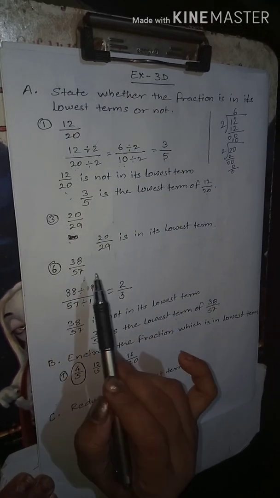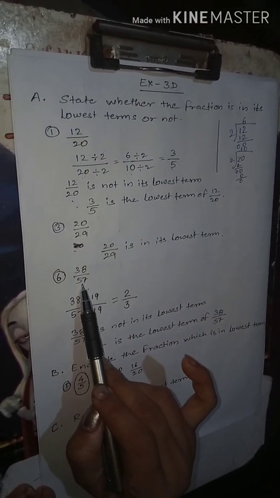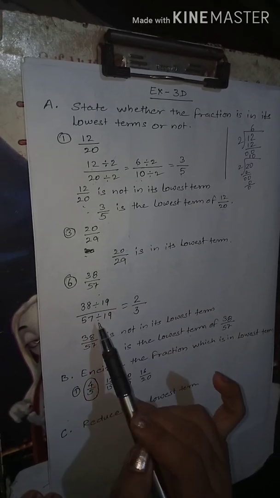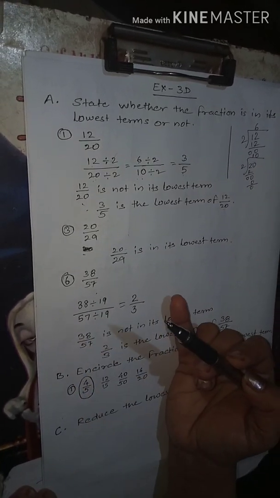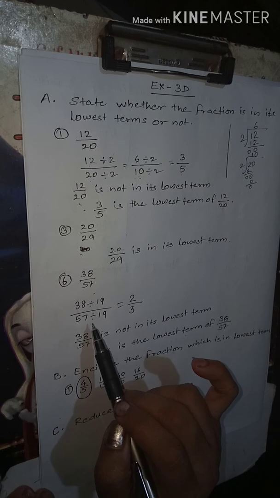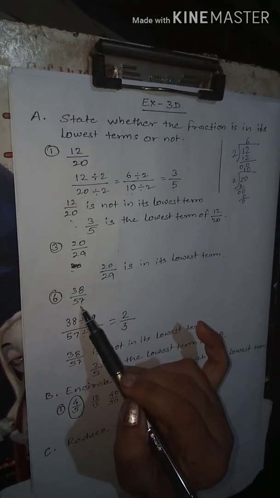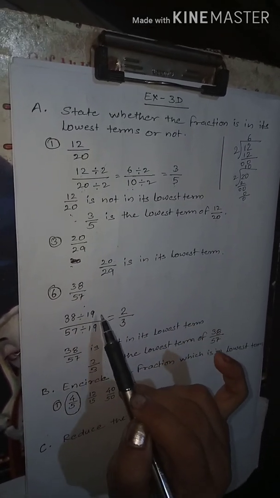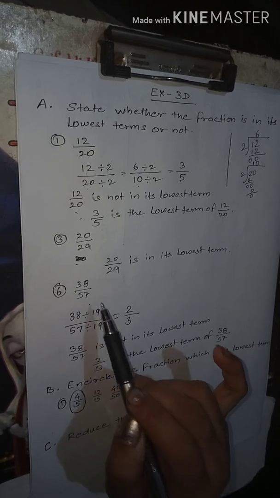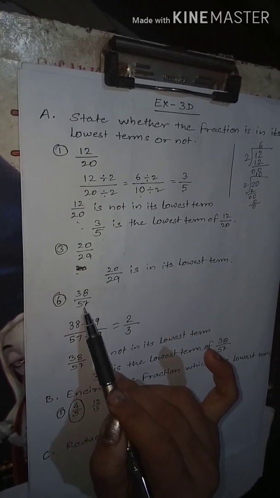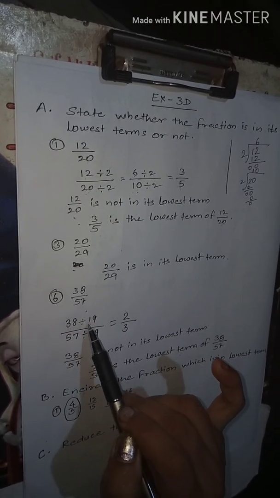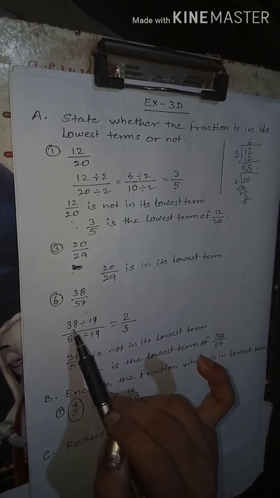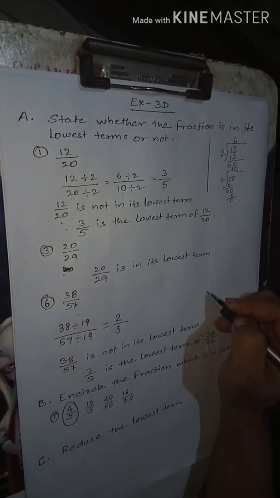Next question number 6, 38 by 57. These are thinking based questions. So you have to think and then you have to reduce. 38 by 57. Now one common number is there that divides 38 and 57 exactly. That number is 19. So 38 divided by 19.